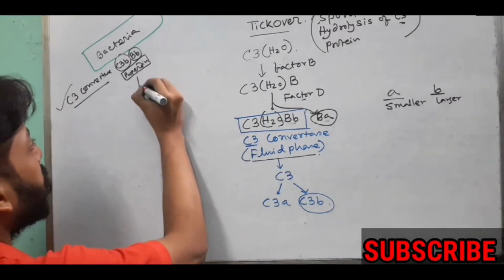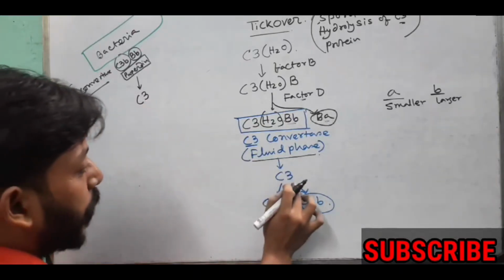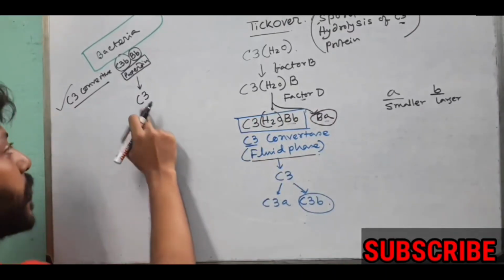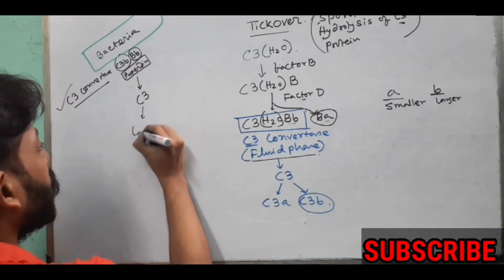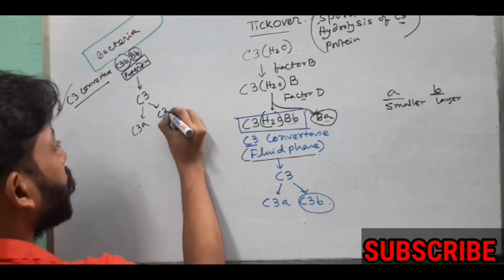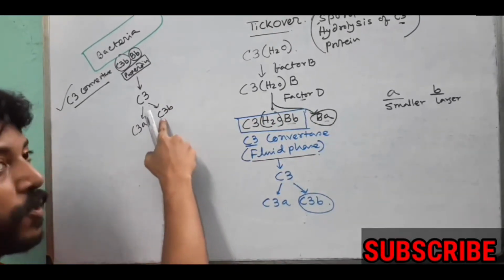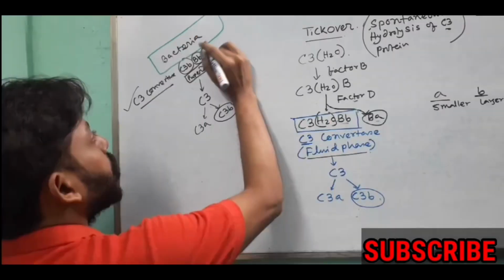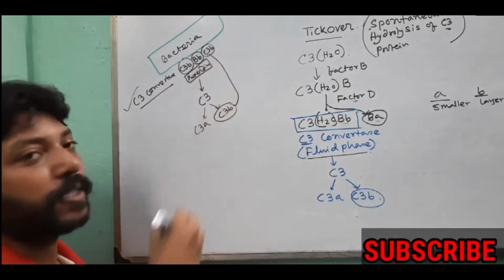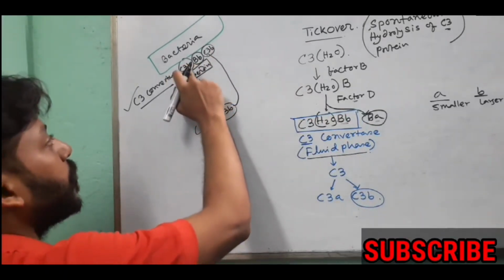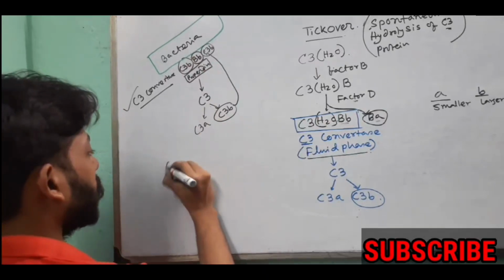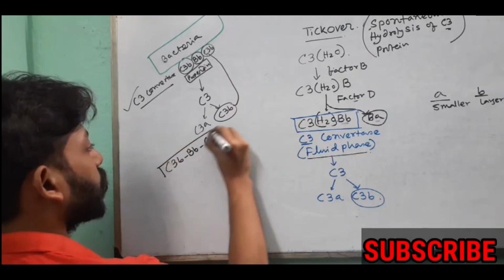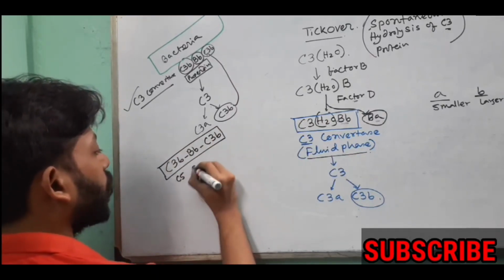So this properdin stabilizes this C3 convertase enzyme. Now the C3 convertase enzyme cleaves the C3 protein again. You can see here the C3 protein was cleaved the first time, and now the C3 protein is cleaved for the second time into C3a and C3b. Now this fragment C3b again attaches with this complex and forms C3b Bb C3b. This complex, C3b Bb and next C3b, is called C5 convertase.